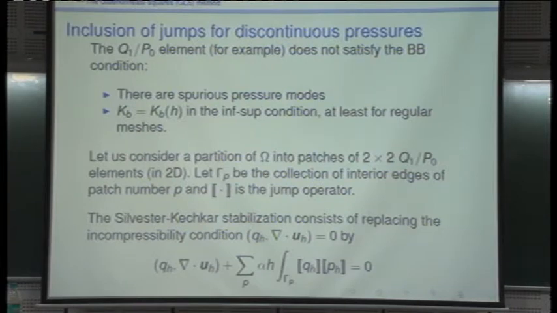The IMSUB constant is of order h. This is not true. This is what you can prove because in regular meshes that's what you have. In non-regular meshes, in fact, it's bounded from below by a constant independent of h. At least that's what it said here. Okay, at least for regular meshes. In general, it is believed but not proved that that element has a IMSUB constant independent of h.